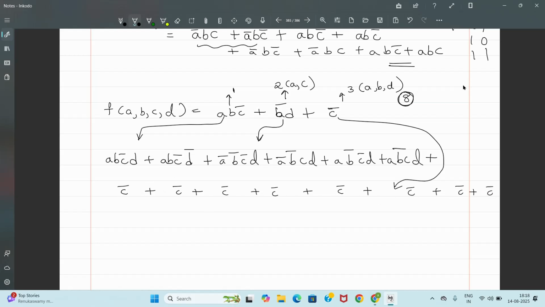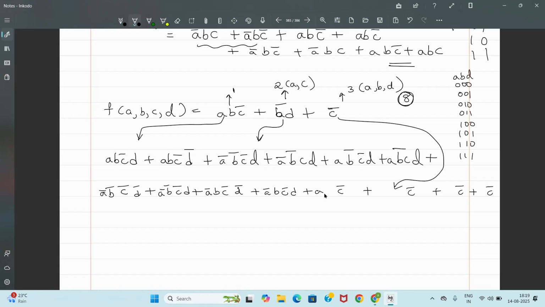Okay. Now the combinations can be 0 0 0, 0 0 1, 0 1 0, 0 1 1, 1 0 0, 1 0 1, 1 1 0, 1 1 1. This is for A, B, and D, missing terms. So it can be A bar, B bar, D bar, A bar, B bar, D, A bar, B, D bar, A bar, B, D, 0 1 1.